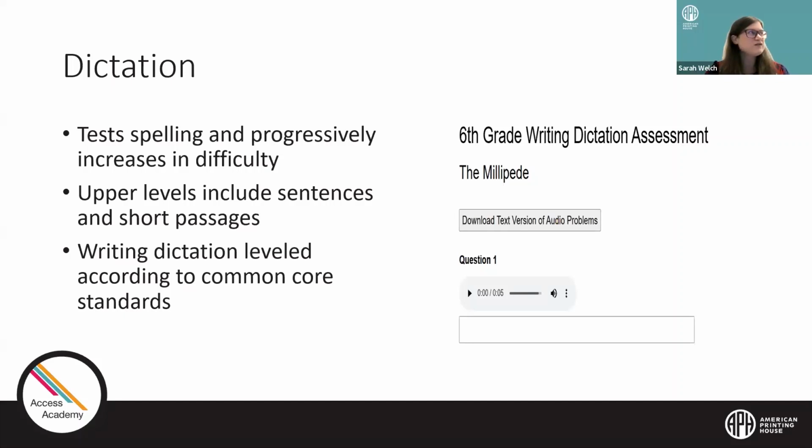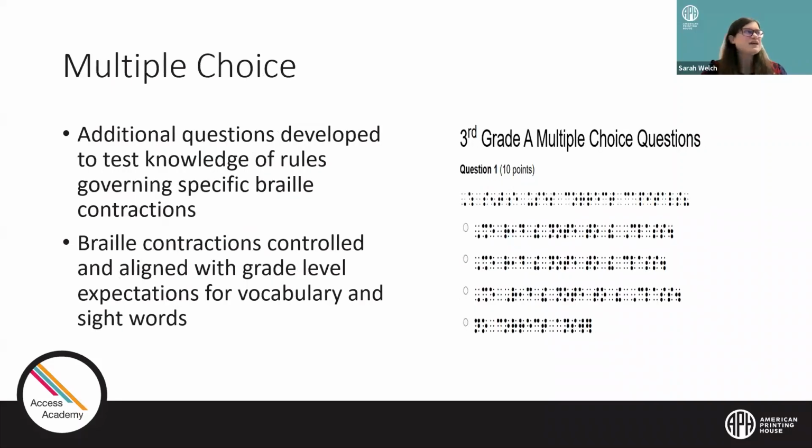So if we look after dictation, and that was a great question, thank you for that, the last aspect of the assessments are multiple choice. So these are additional questions developed to test knowledge of rules governing specific Braille contractions. The Braille contractions are controlled and aligned with grade level expectations for vocabulary and sight words.